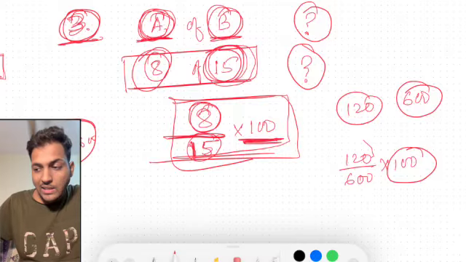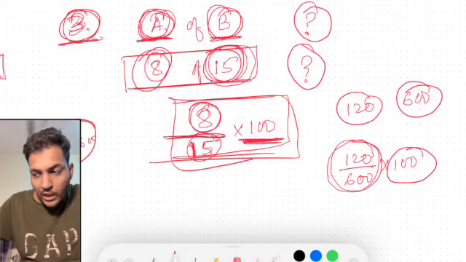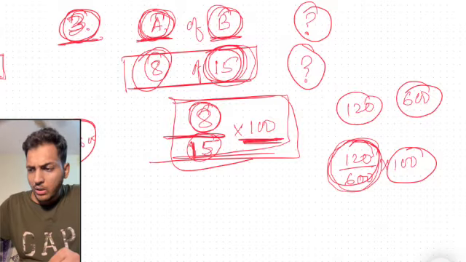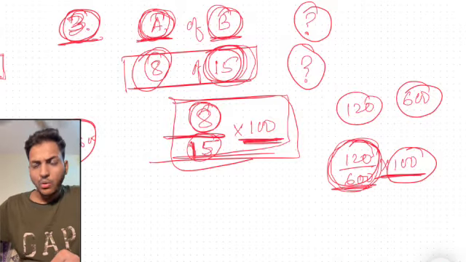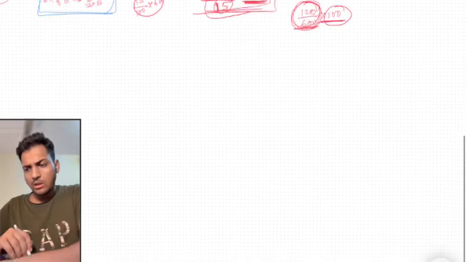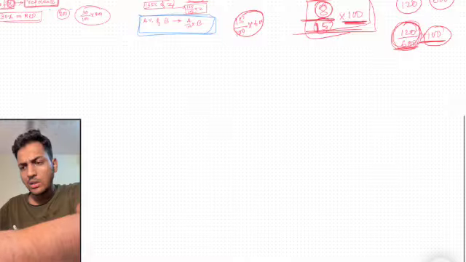But if I ask what percentage is 120 of 600, listen to the question carefully, then it is 120 by 600 into 100. This is also very easy. So now you have learned two rules.